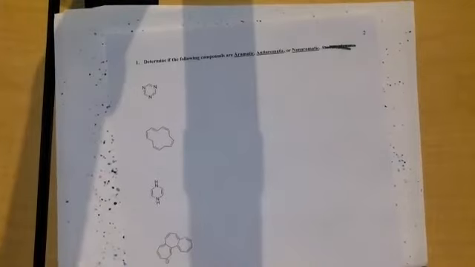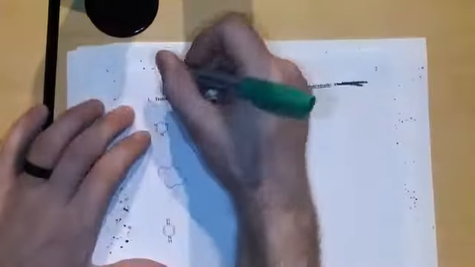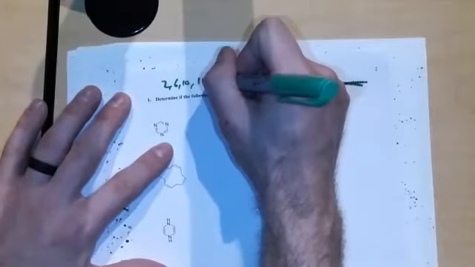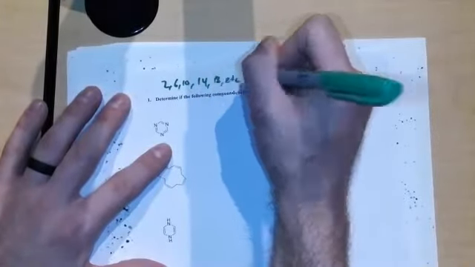So let's take a look at this first one here. So we have our 4n plus 2 rule. In order to have an aromatic compound, we need to have 2, 6, 10, 14, 18, etc. electrons.